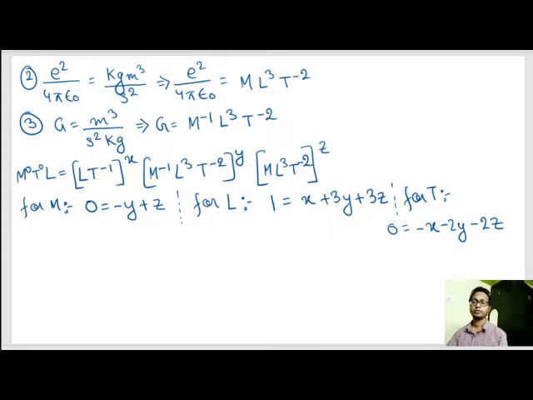Now let's solve the equation. From M we obtain 0, or y is equal to z, by shifting the y to the left hand side.